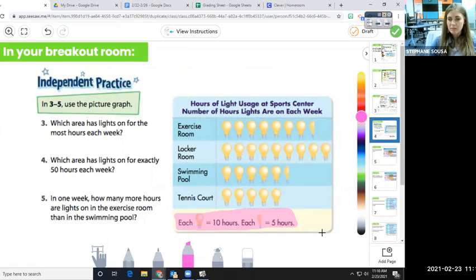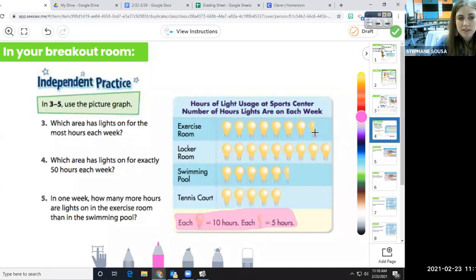So we're counting by 10. A half light bulb equals 5 hours because half of 10 is 5. Okay, so we are counting by tens. Which area has lights on for the most hours each week? That would be which one has the longest section of picture graph. So let's check.